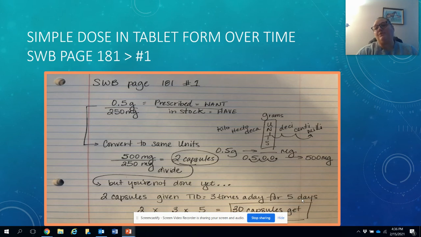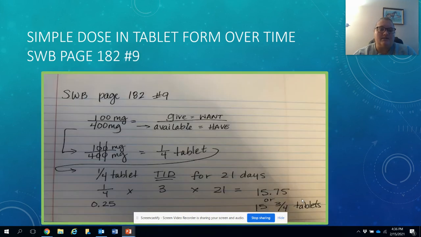If you don't remember your abbreviations, that's why we did the Quizlet with abbreviations. If you haven't done that, this might be a good time to go back and learn those so that you can complete these problems.